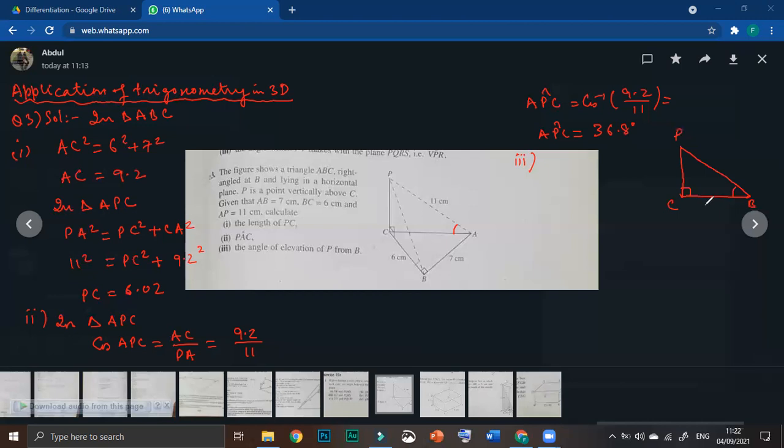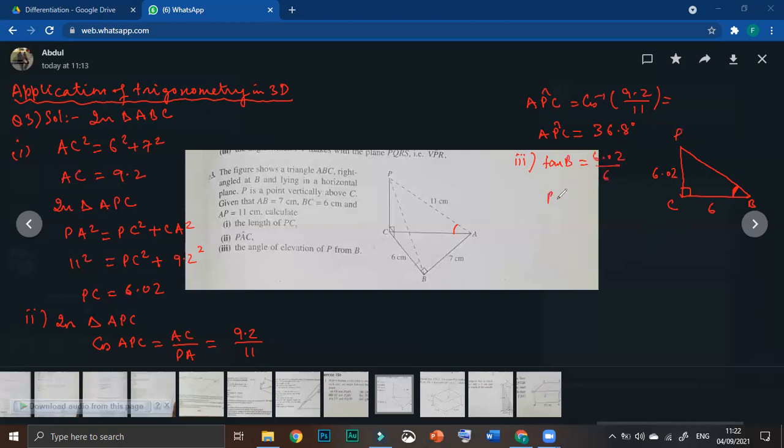BC is 6. PC is 6.02. We have already calculated. We want to find out this angle B. This one is the angle of elevation. So tan B is equal to 6.02 over 6.